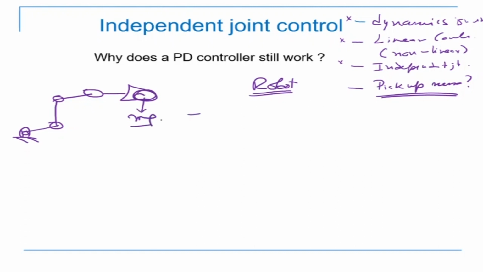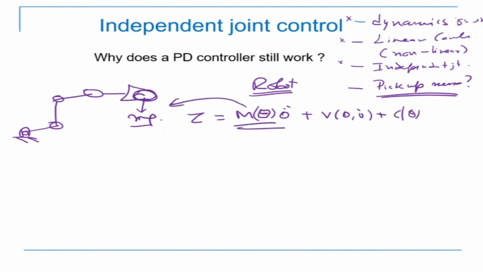That means this equation that you're writing, M(theta) theta double dot plus V(theta, theta dot) theta dot plus C(theta), is changeable here. When it is picking up a mass, it is suddenly increasing by mg. When it is leaving the mass, it is suddenly decreasing by mg. So this is a variable mass now.